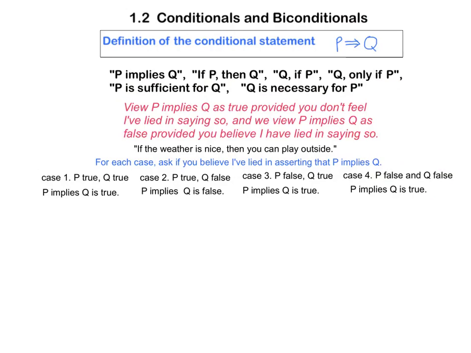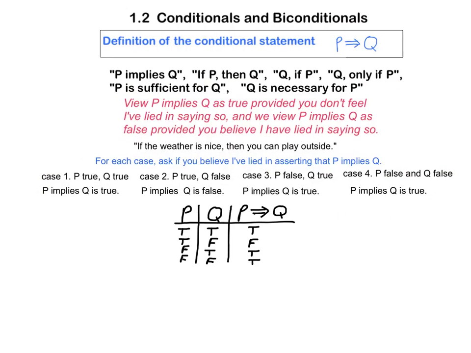So with all of these four cases, we've essentially calculated the truth table of the conditional statement P implies Q. And so it looks like the following. I should mention that in the conditional statement P implies Q, P is referred to as the hypothesis or antecedent, and Q is referred to as the conclusion or consequent.